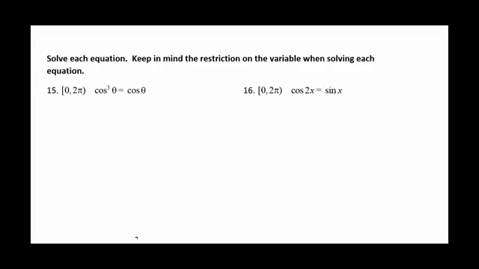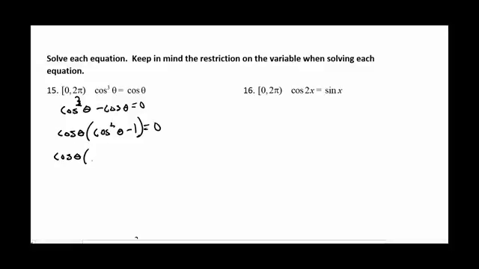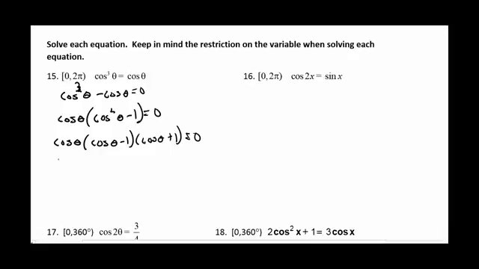All right, number 15, I want to bring the cosine over. So cosine cubed theta minus cosine theta. And then I want to factor out a cosine. So I get cosine theta times cosine squared theta minus 1. Then I want to use difference of two squares again. So cosine theta minus 1 and cosine theta plus 1. And then I want to split that up into 3 factors, so set up 3 different equations.